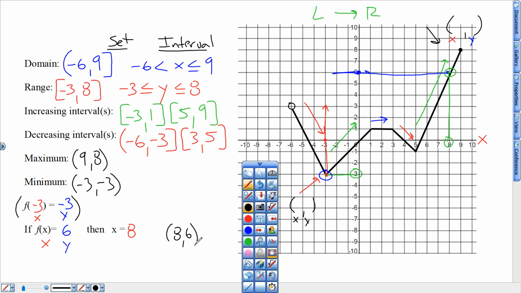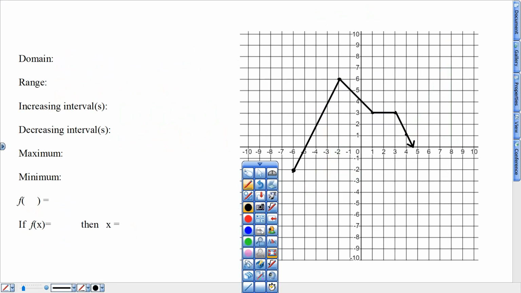One more. This guy with arrows. Domain in set square bracket from -6 to positive infinity, because that arrow is going to the right, even though it's going downhill right there. In interval notation, -6 less than or equal to x less than infinity.